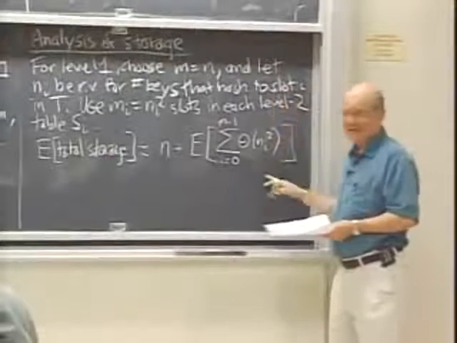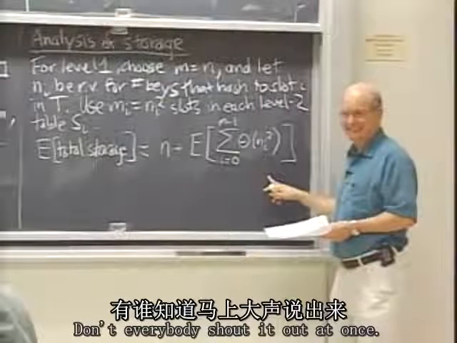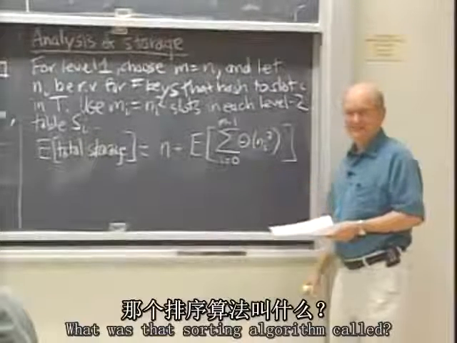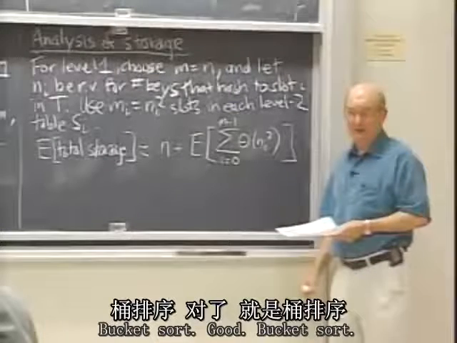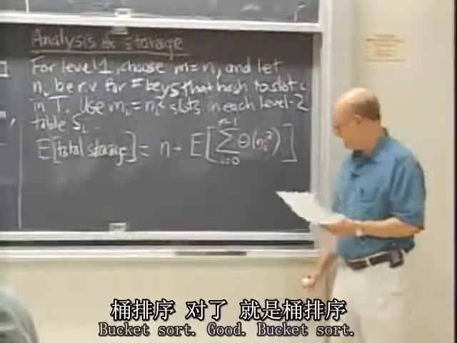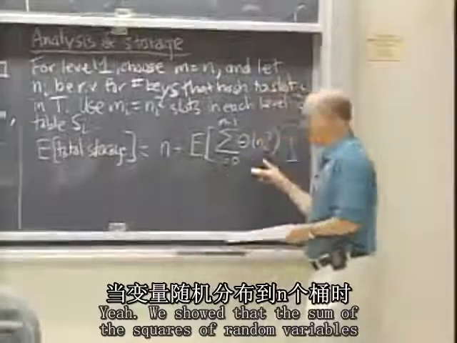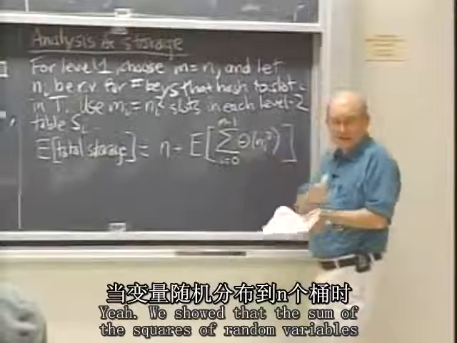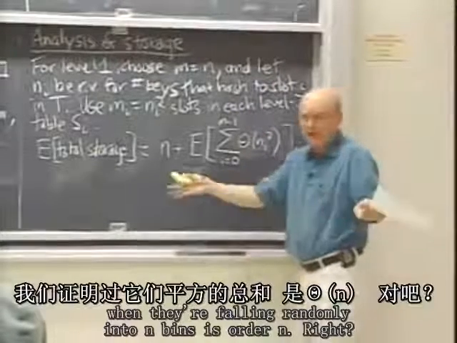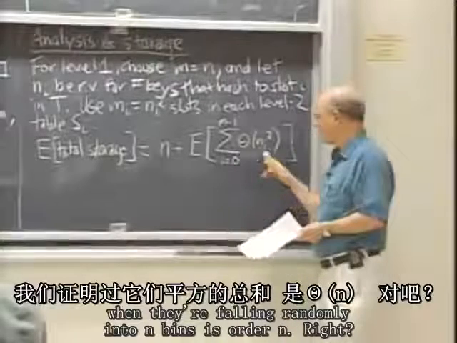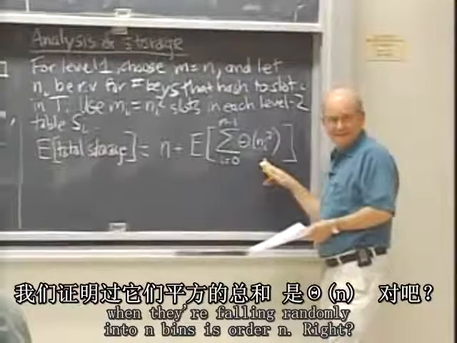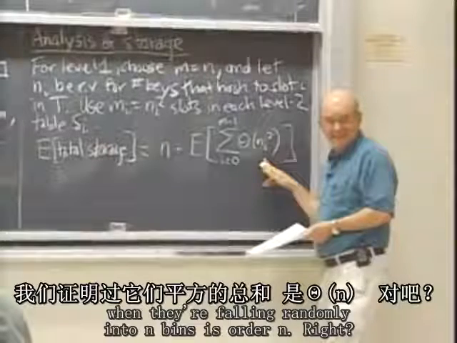Don't everybody shout it out at once. What was that sorting algorithm called? Bucket sort. Good. Bucket sort. And what did we show? We showed that the sum of the squares of the random variables, when they're falling randomly into n bins, is order n. Right?